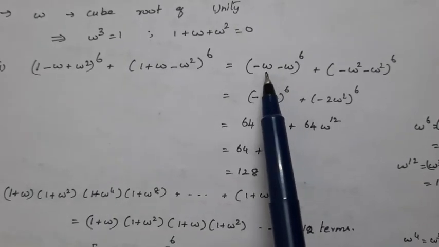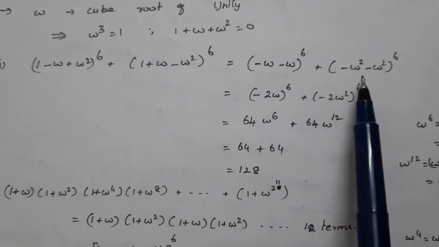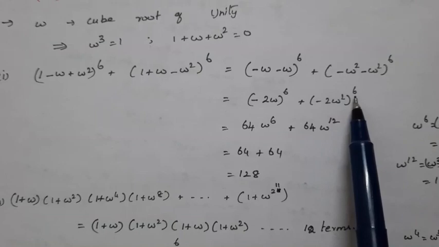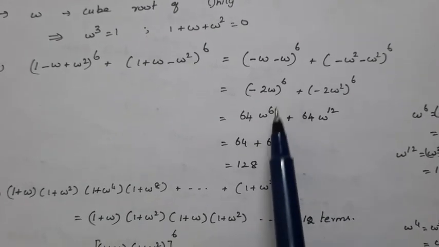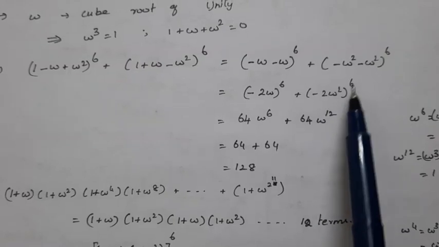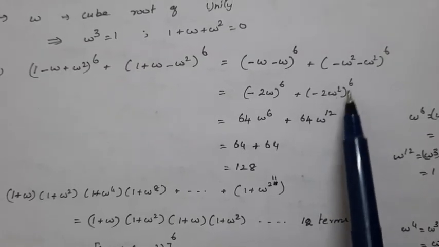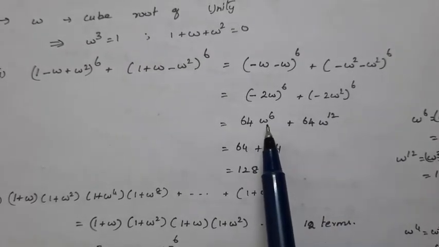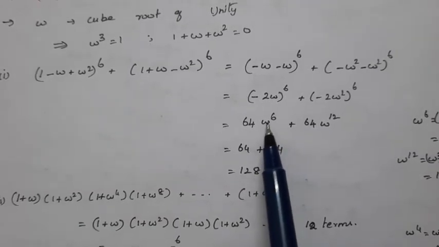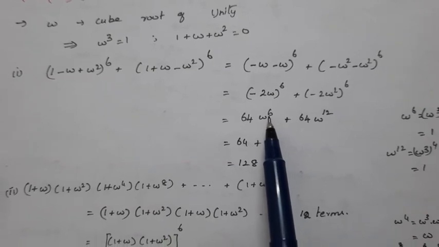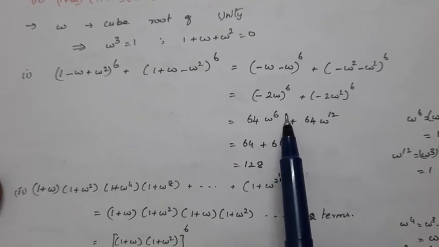Now this will become (minus 2 omega) the whole power 6, and this becomes (minus 2 omega squared) the whole power 6. So minus 2 to the power 6 is 64 and omega power 6. Here also minus 2 whole power 6 is 64 and omega power 12. Now as omega is a cube root of unity, if the power is other than 3, what is the rule? You can divide it by 3 and find the remainder.